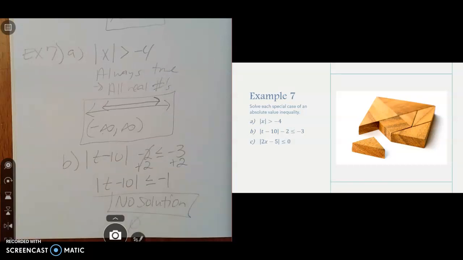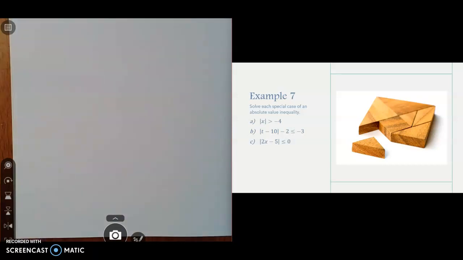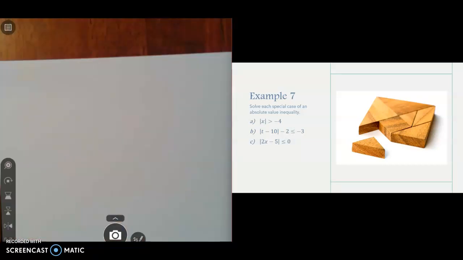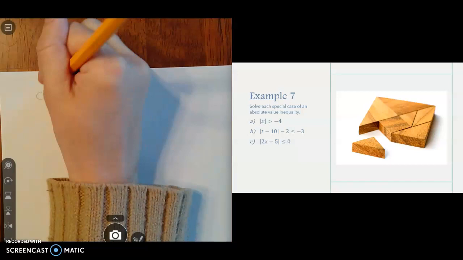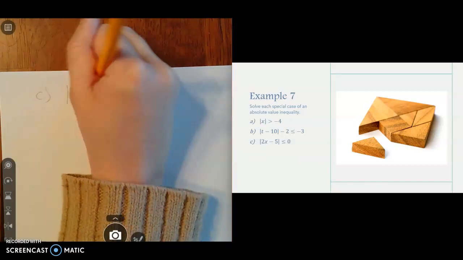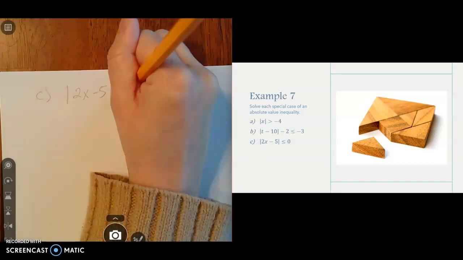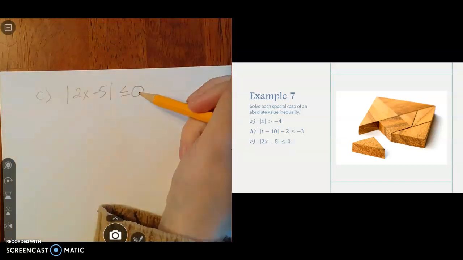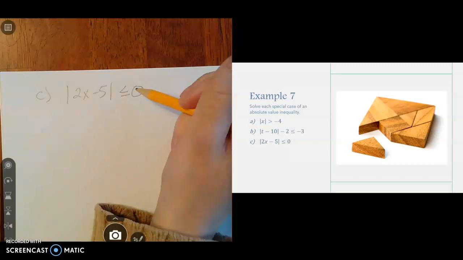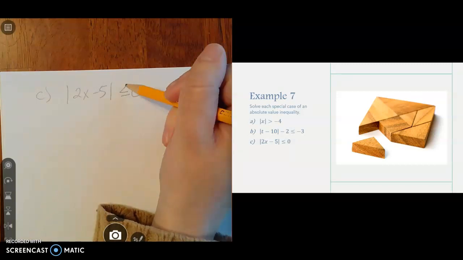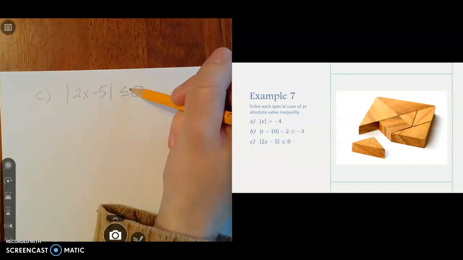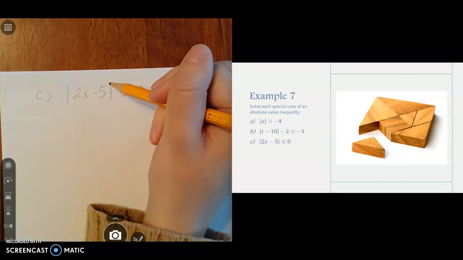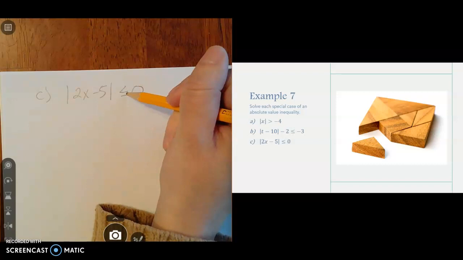Okay? Let's see, the last one I have over here is part C. The absolute value of 2x minus 5 is less than or equal to 0. All right, well, 0 should be another one where we kind of have to stop and think. So absolute values are never going to be less than 0 because those would be negative numbers, and absolute values aren't negative, but they can be equal to 0.